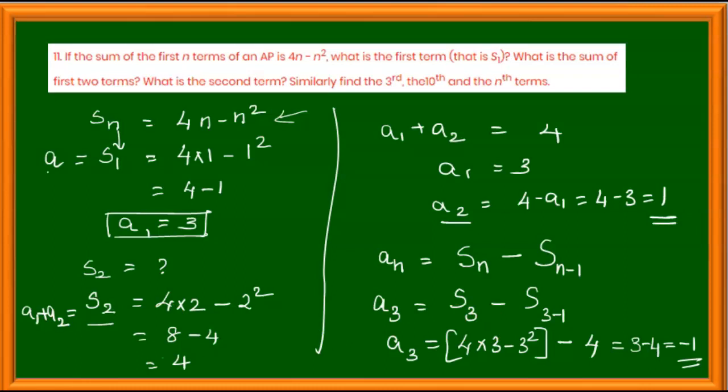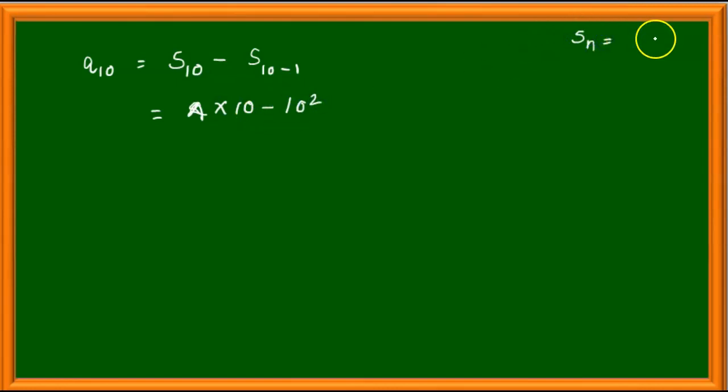Next, A10. We can use the same formula. A10 is equal to S10 minus S9. S10 becomes, instead of n, we write 10 there: 4 into 10 minus 10 square, since Sn is given as 4n minus n square.